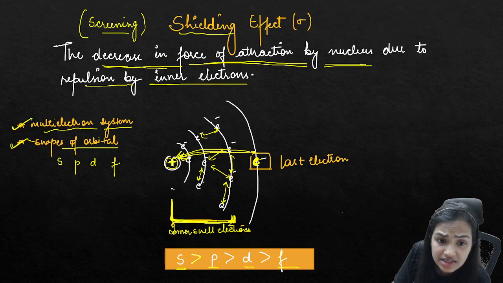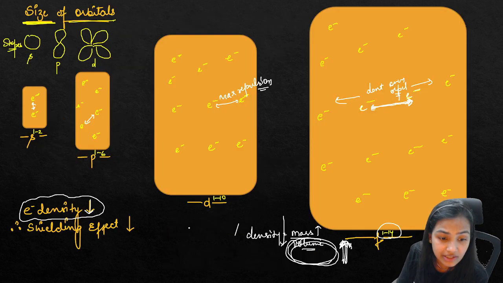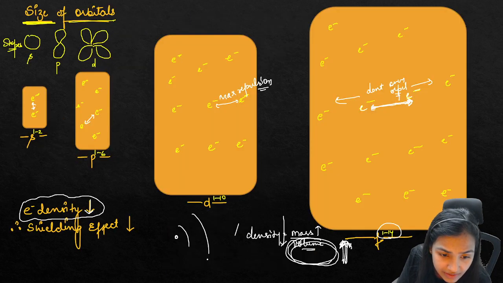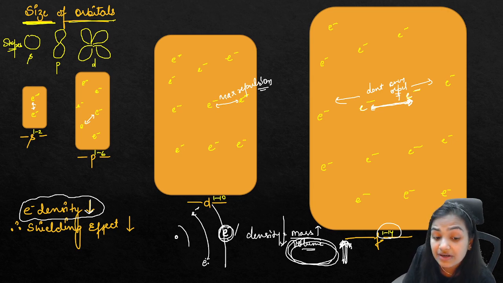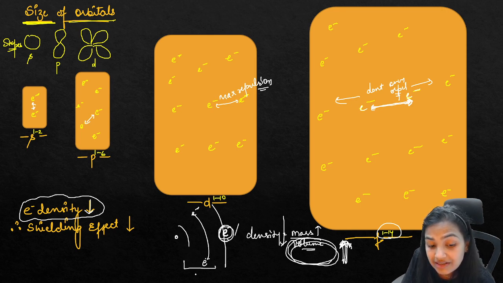So let's consider that these electrons are so far away from each other that they don't even repel. Then what will happen? Even if we have the last shell electron here, and these electrons are so far from each other that they are not repelling, then the shielding effect caused by this orbital decreases.